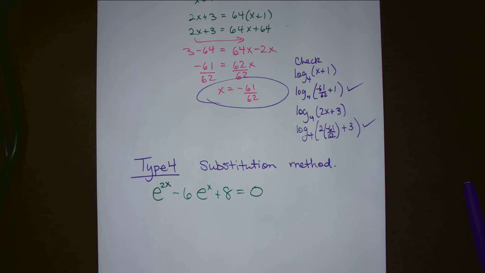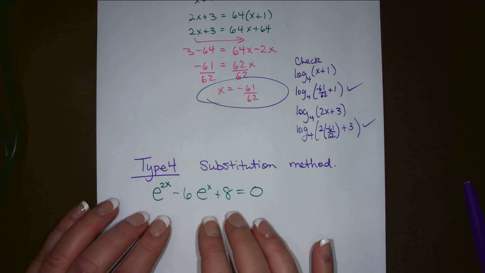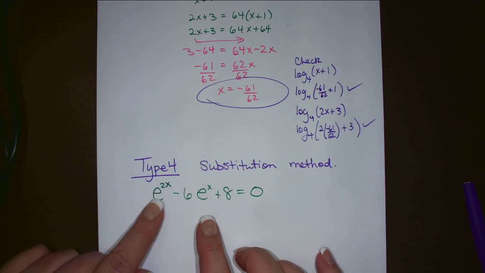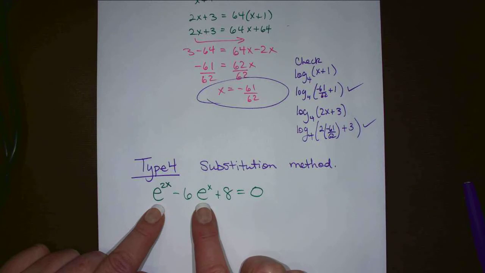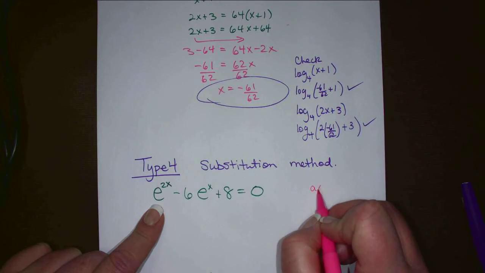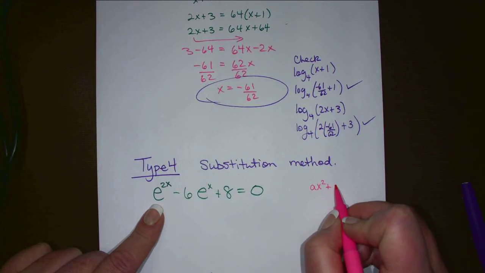So a substitution method often will appear as, this is a quadratic equation. Do you see it has 3 terms? The first one is a squared. The second one is not a squared, and the last one is constant. So if we were looking at a quadratic, this would be similar, but without the x.